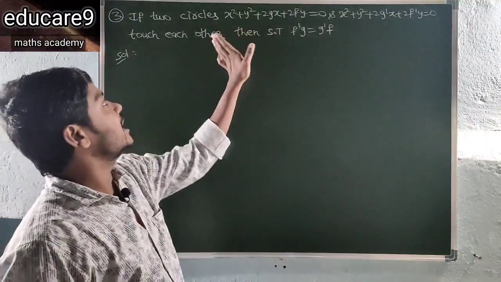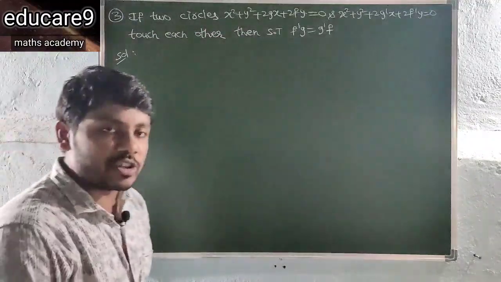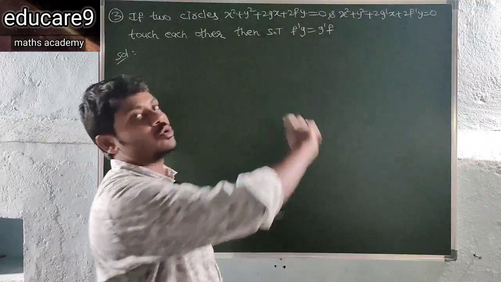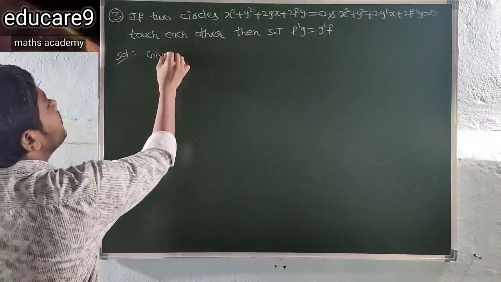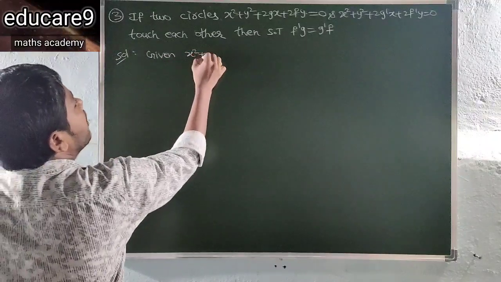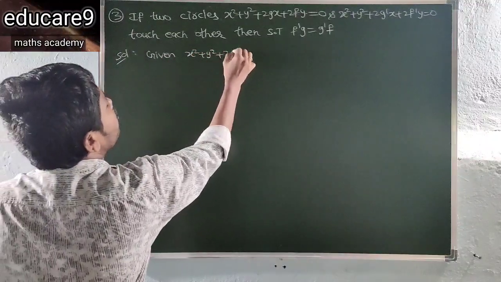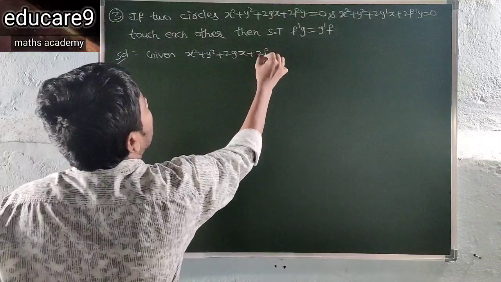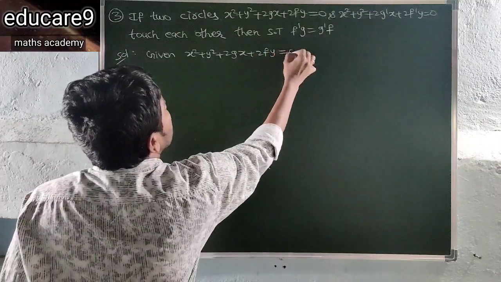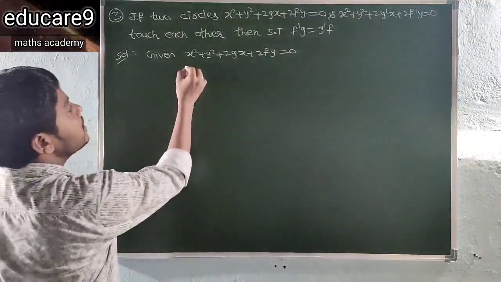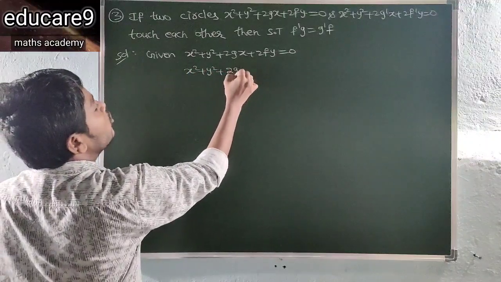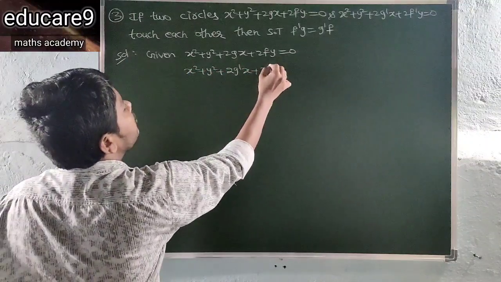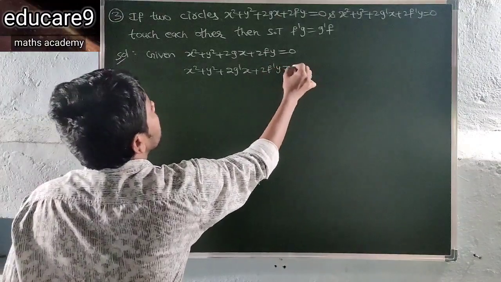If two circles touch each other, then show that f dash g equals g dash f. So see here, given circles x square plus y square plus 2gx plus 2fy equals 0. And second one, x square plus y square plus 2g dash x plus 2f dash y equals 0.